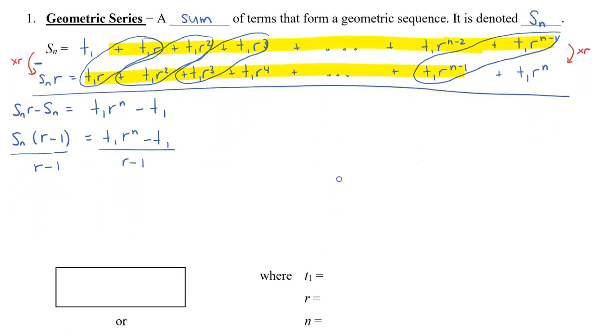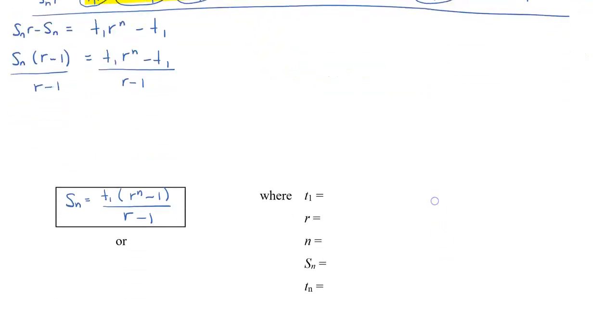And then I'll have my formula. Now, sometimes you'll see the formula with the T1 also factored out. So I'm going to write this as Sn equals T1, and then in brackets, R to the n minus 1, and then all divided by R minus 1. Okay, so the same thing as before.